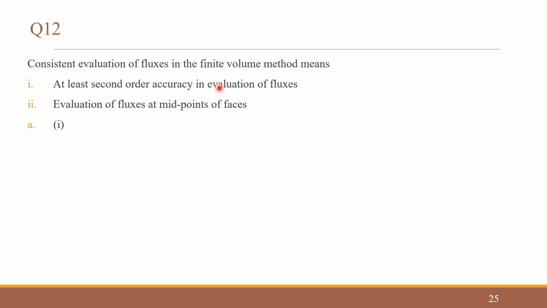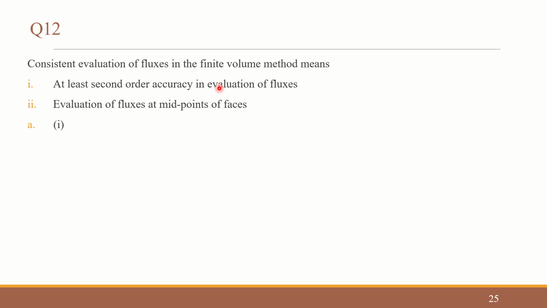So what do we mean by consistent evaluation of fluxes in the finite volume method? At least second order accuracy in evaluation of fluxes, this is false because we are not assuring anything. It is not mandatory for consistent evaluation. Similarly, evaluation of fluxes at midpoints of faces is not related to the consistent evaluation of fluxes in the finite volume method. So both the statements are false.